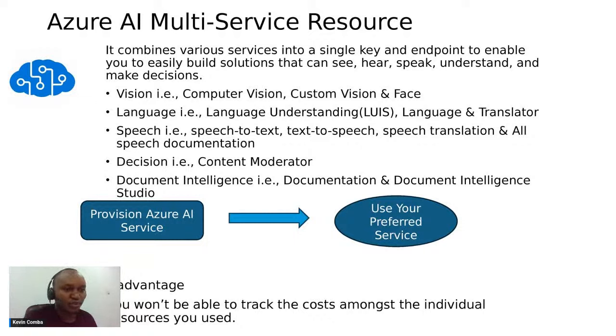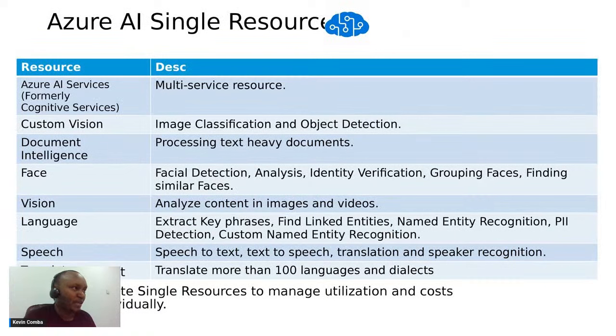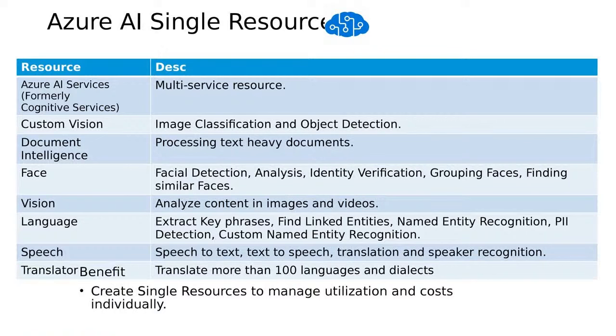Today we are going to cover these, but in the demo session, I'll show you everything as I planned to do. When we're talking about AI, Microsoft has various services. In natural language processing, we have Azure AI Services, formerly known as Cognitive Services, which is the multi-service, but we still have Custom Vision as a service, Document Intelligence, Face, Language, and Speech.